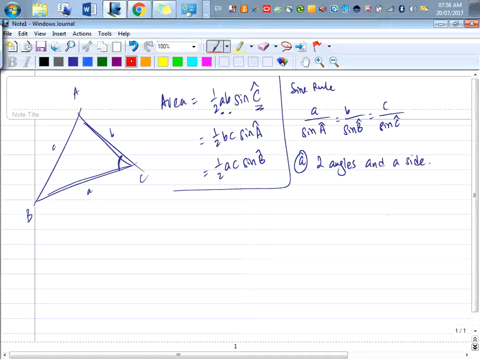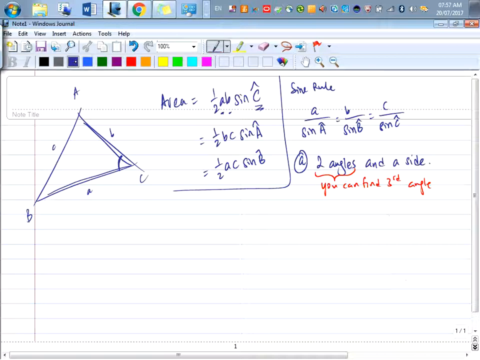And what else did I say about when you're given two angles in a triangle? You can find the third angle. Sometimes they require you to do this. It is not so straightforward. You need to find the third angle first before you can use your sine rule. So that is something that they could do to you.